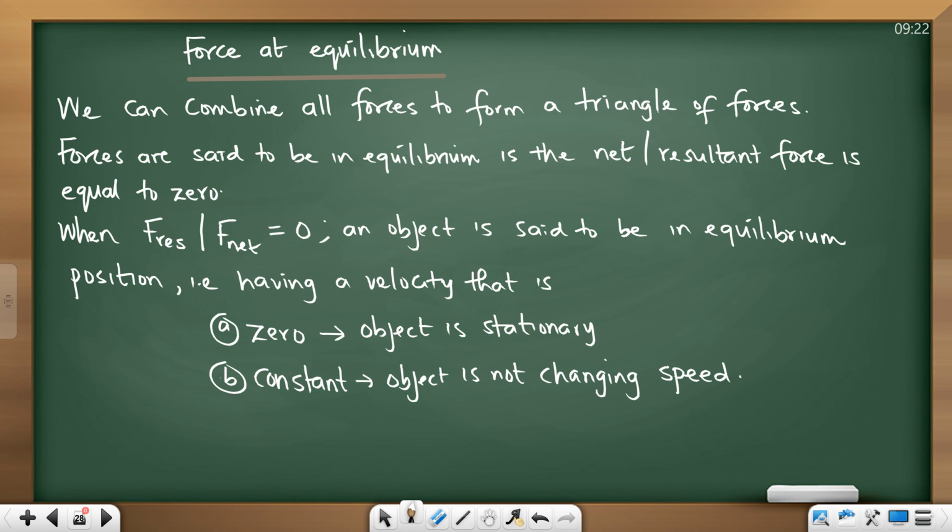I'm going to draw a quick diagram for you, and then we'll work on something nice quickly. Equilibrium. The net force is equal to what? 0. Just giving you a moment to write.